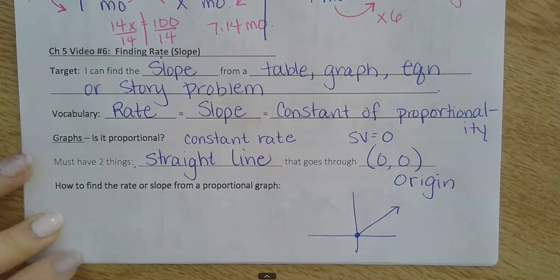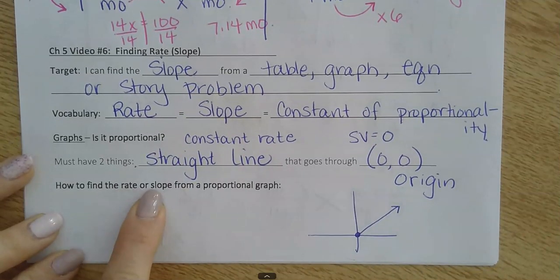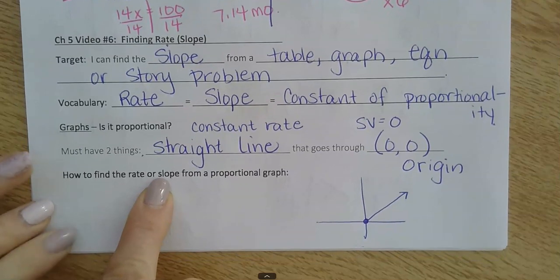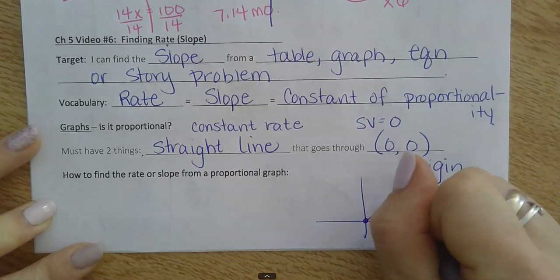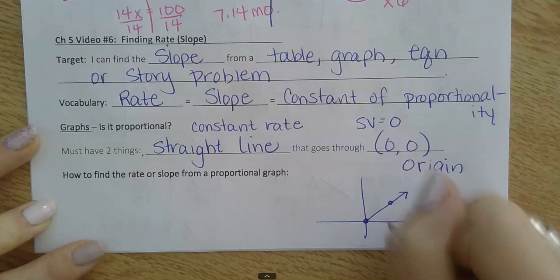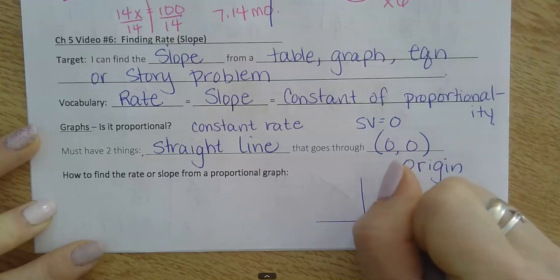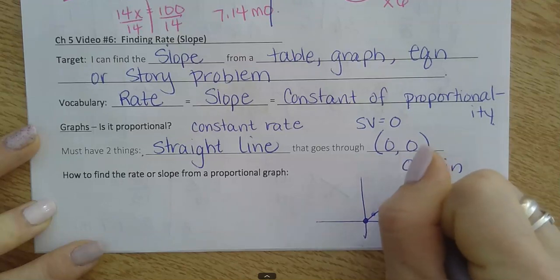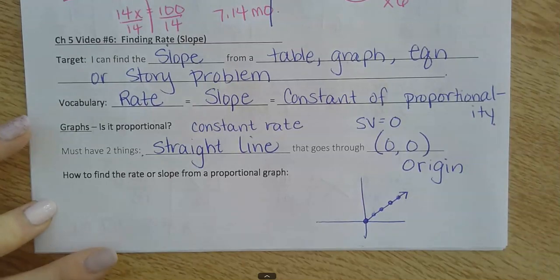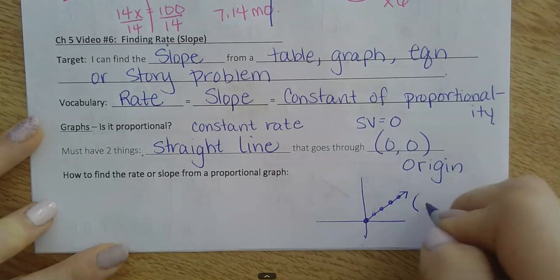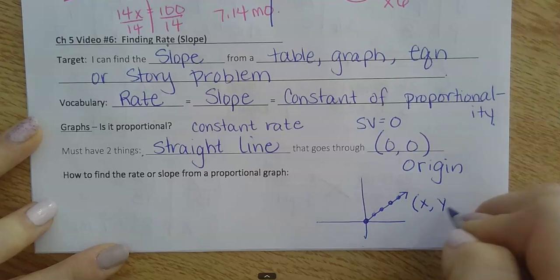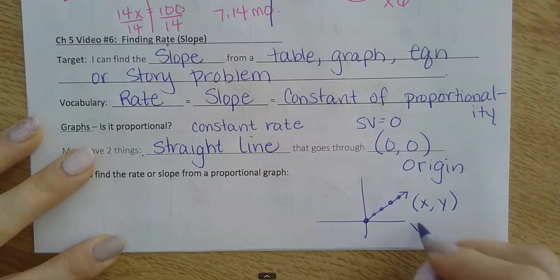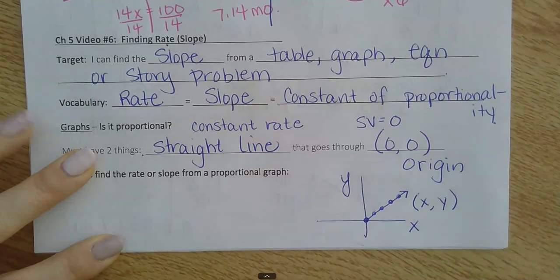Okay? Well, how do I find the rate or the slope or the constant of proportionality from a proportional graph? You would take any of these points, right? There's points all along here. Maybe they're labeled, maybe they're not. But you could take any of these points on that graph, and remember our points are always x, comma, y, right? We have an x coordinate, we have a y coordinate.